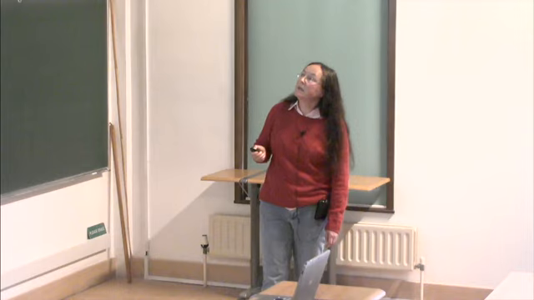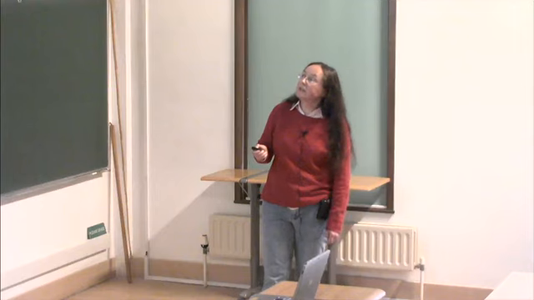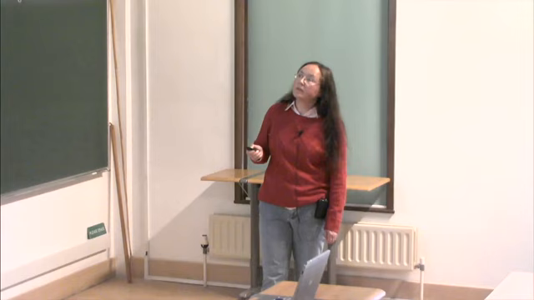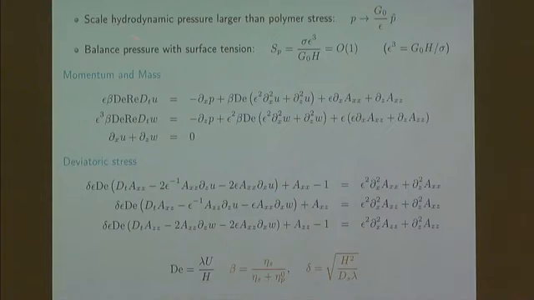We balance pressure and the surface tension in the boundary condition for the free interface, set this to order 1, and then we get the small parameter epsilon to be of this type.